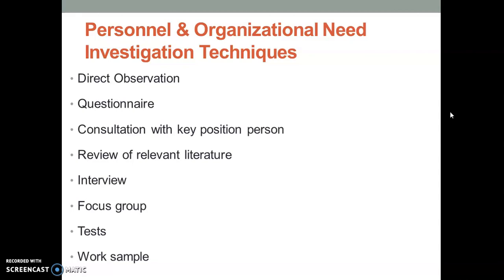So we have observations, we have questionnaires, we have feedback from other persons, and that is collaboratively studied against the relevant literature for the training. So what type of training set can be settled on, what type of training program can be studied, will be done as a review of literature.